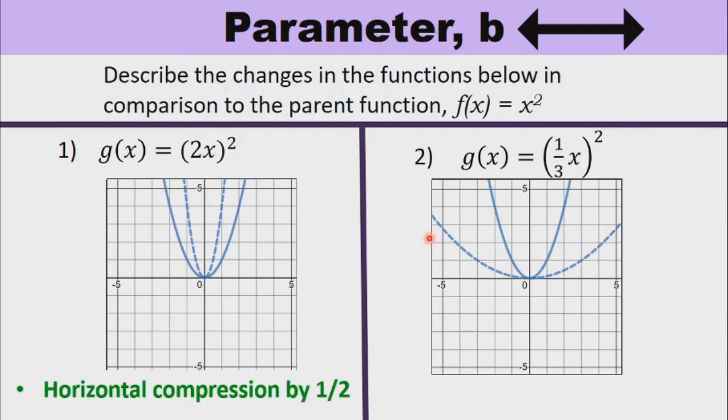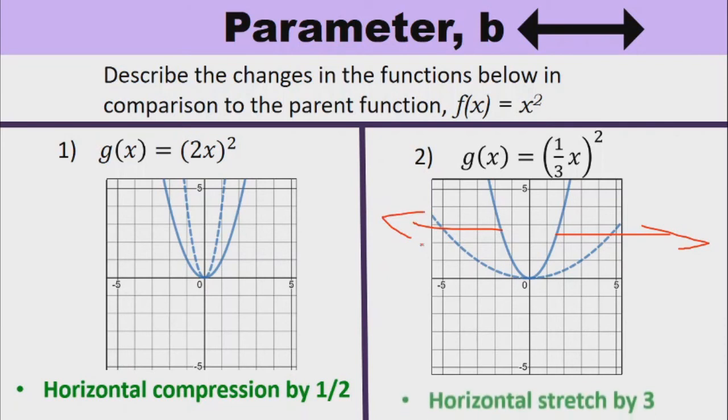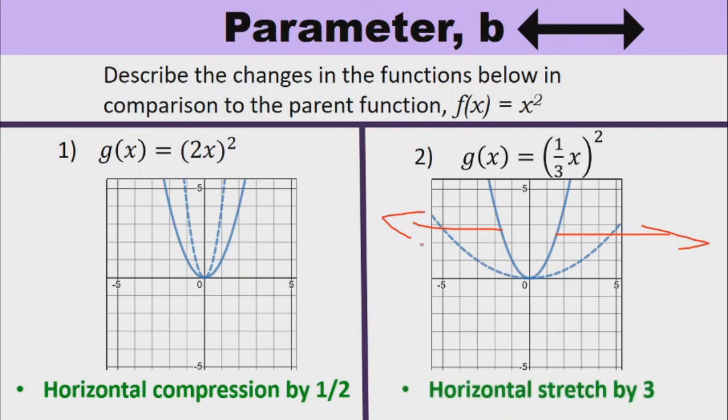That's why the graph appears to be wider, because it's as if somebody is pulling the graph out horizontally. So now you have a horizontal stretch by a factor of 3.